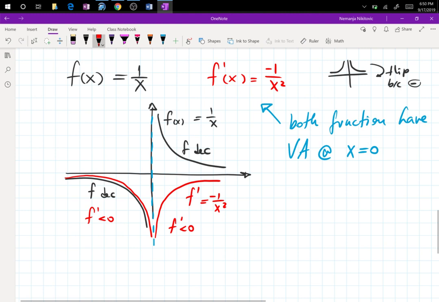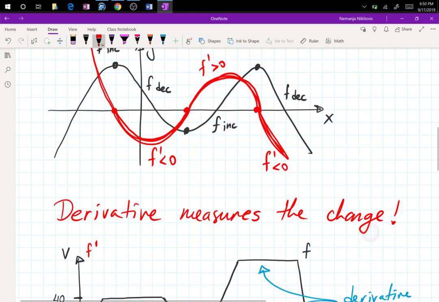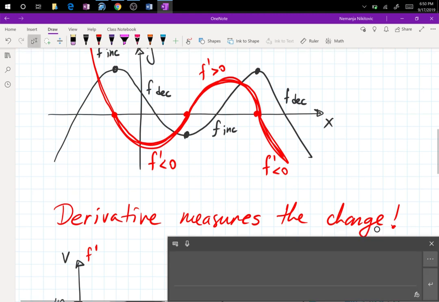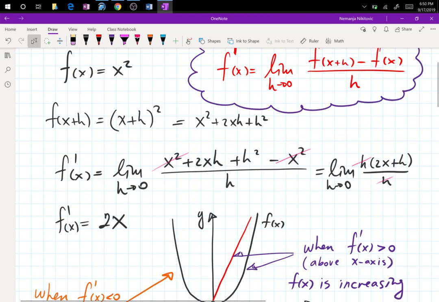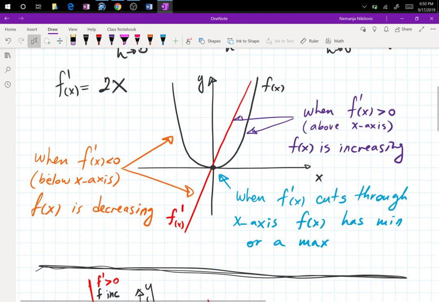So let's recap, and that's it. I hope you're not disappointed. So when you go back to the introductory example with the x squared and 2x, we know that 2x is the derivative of x squared.